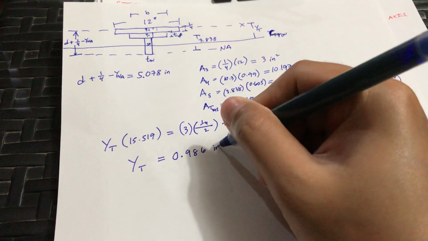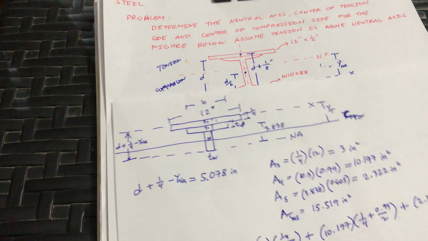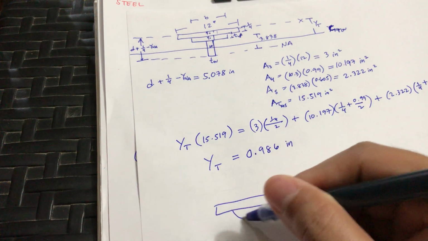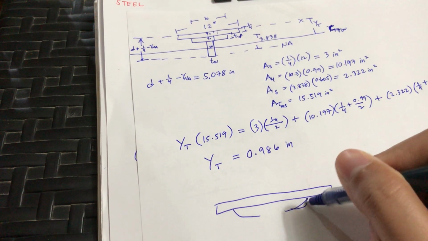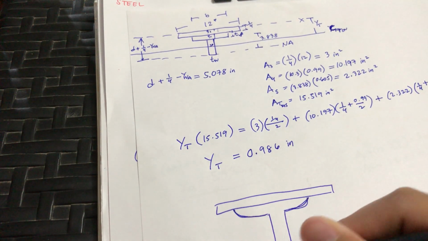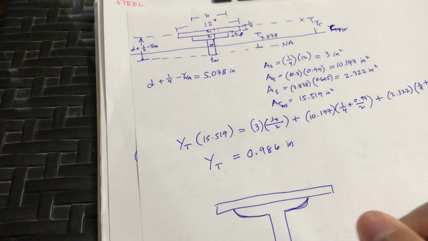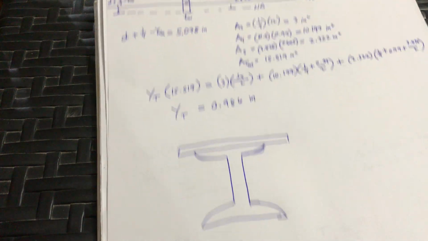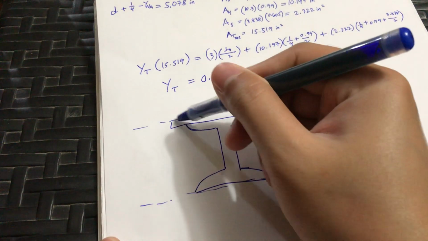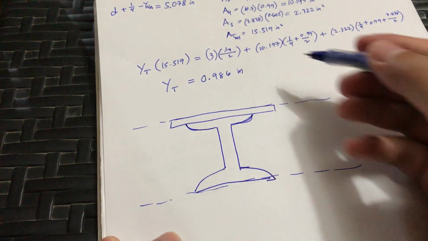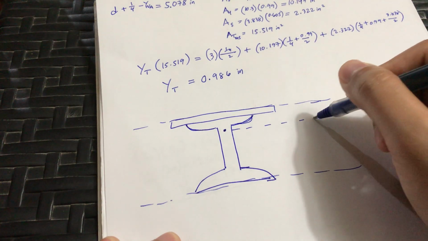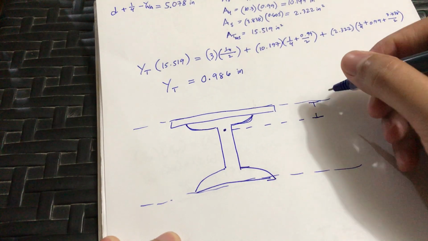Now, what does this mean? We now have an approximation for our figure here. The center of the tension side is over here.